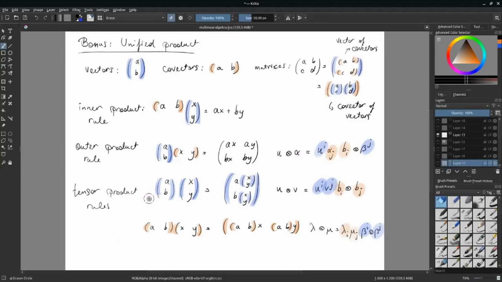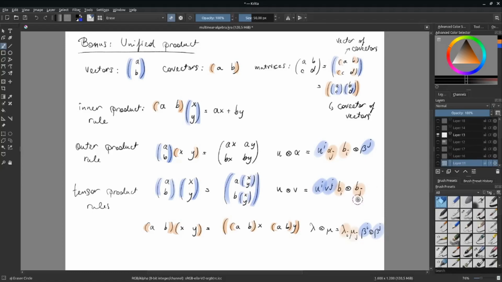And then I have these two additional rules, which are essentially directly derived from the tensor products. If I have the product of two vectors, I define it simply as a vector whose first element is a times my second vector, and the second element is b times the same vector. Those you can actually write in terms of the tensor product, no problem.